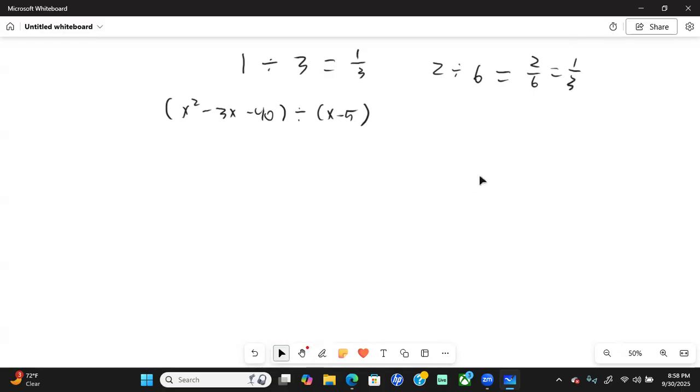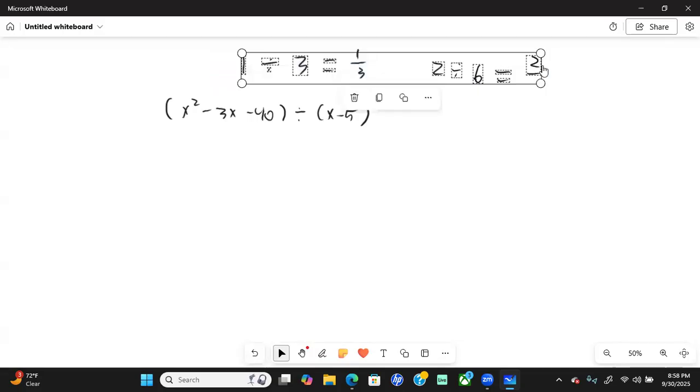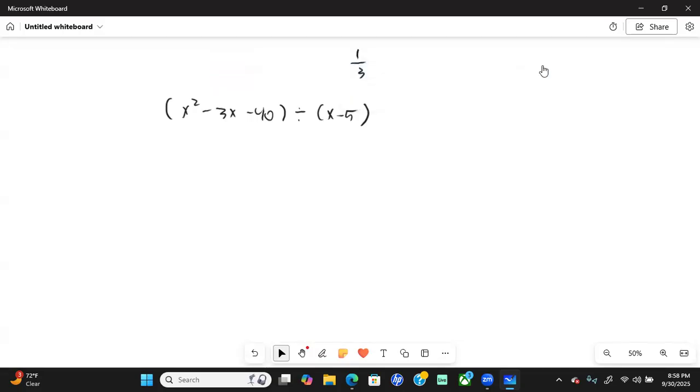Again, that doesn't really matter, but the whole point is if I see something written like this, I can write it like this. So let's do exactly that with our polynomial.